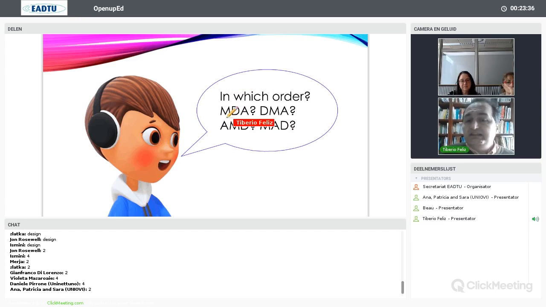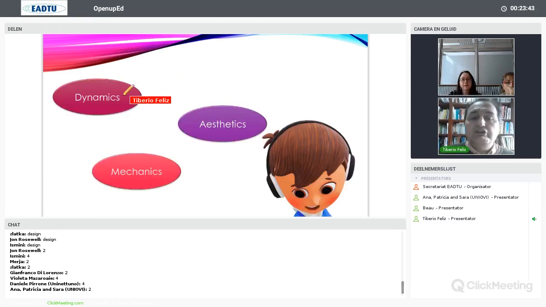As it was suggested, in which order, MDA, DMA, etc., in which order do you think that CAP is connecting these three elements, okay? So it could be with the initial letter only, okay?